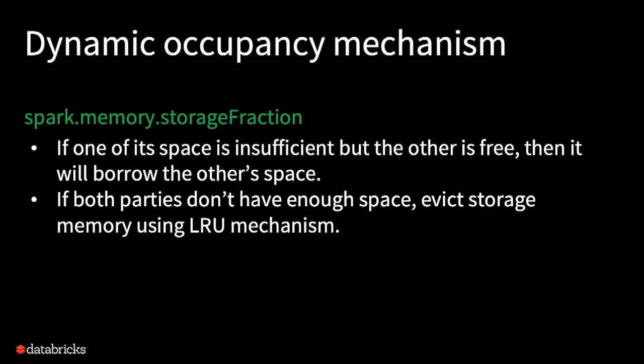But if both parties don't have enough space, it will always evict storage memory, because the spilled execution data will always be read back later, while it's not always the same case for the cached data. The config spark.memory.storageFraction ensures the fraction of storage memory is no less than a baseline in case of insufficient memory.